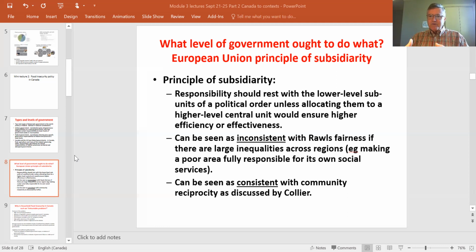People feel responsible for each other at a lower level of unit, so perhaps that's where the responsibility should be. So we've got these things which are rubbing against each other in different ways when implementing subsidiarity relative to, say, food insecurity. Are we worried just about people within, say, our city of Edmonton? Are we worried about the people in Nunavut? That depends on what we think is the best way to allocate these responsibilities.